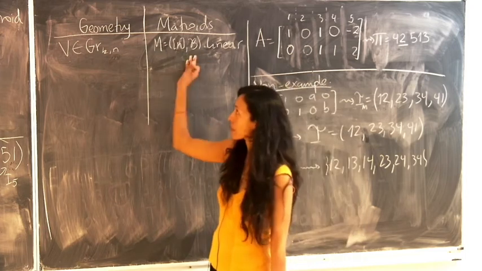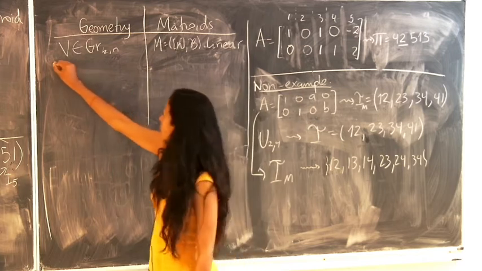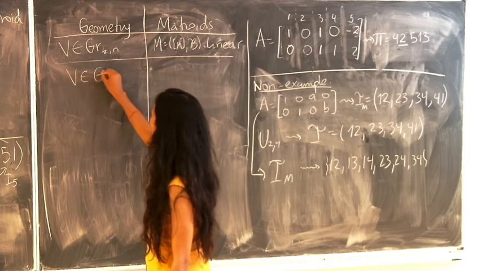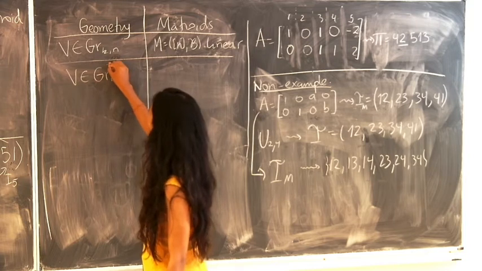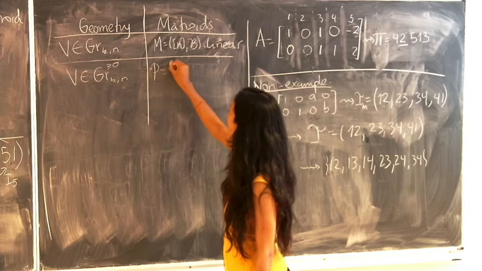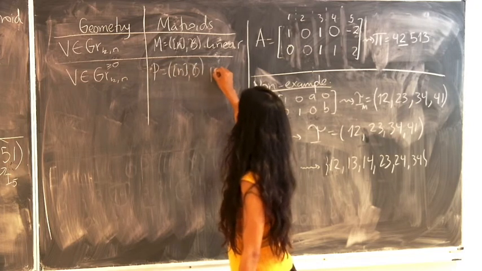So this is one way to pass from one side to the other. On the other hand, if I pick a point in the non-negative part of the Grassmannian, then we obtain positroids, and every positroid arises this way.